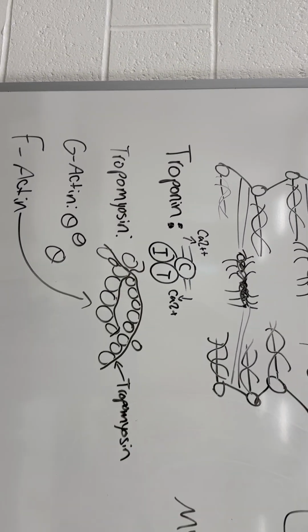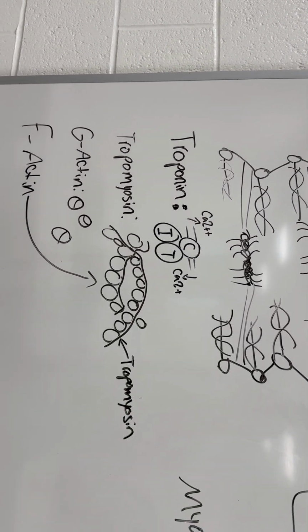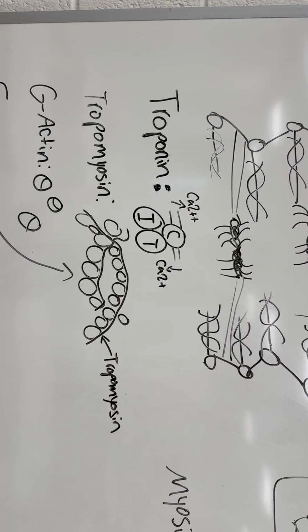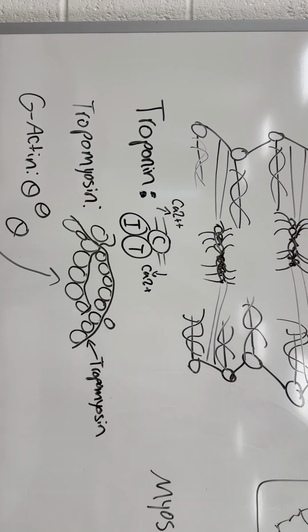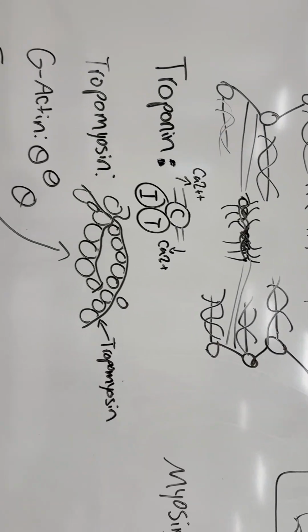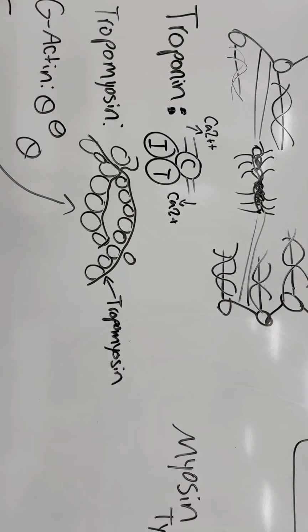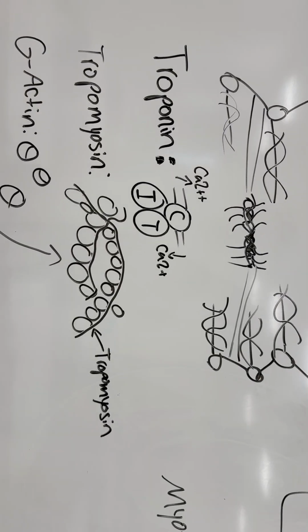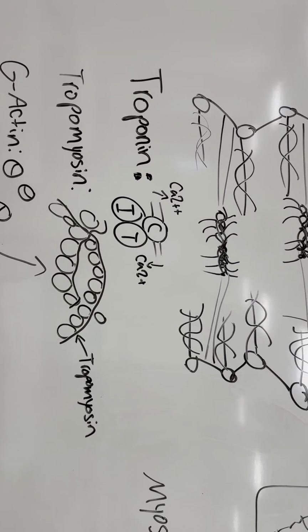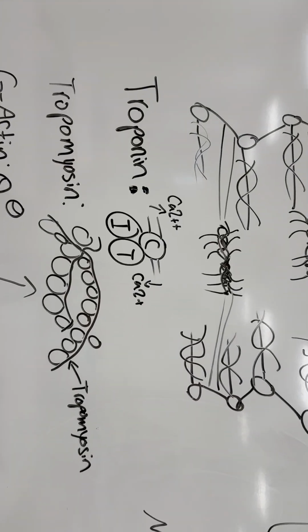Tropomyosin is regulated by troponin, a protein complex that consists of three parts: troponin C, troponin I, and troponin T. Troponin I has an affinity for actin, troponin T has an affinity for tropomyosin, and troponin C has 4 calcium binding sites, 2 high affinity and 2 low affinity.